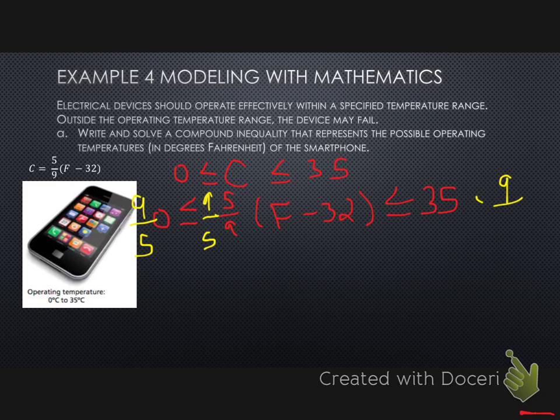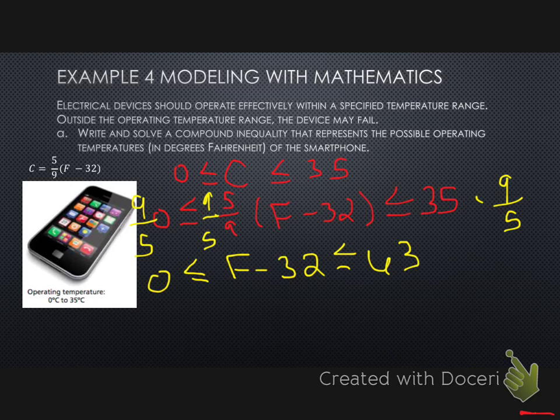Times 9/5. So 9/5 times 0 is still going to give me 0, is less than or equal to F minus 32, which is less than or equal to, let's see, 63.